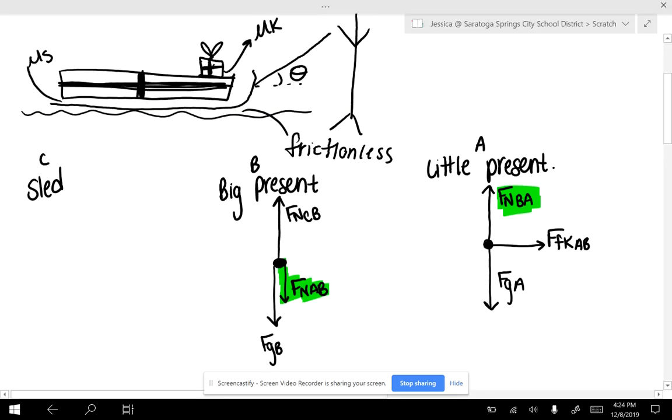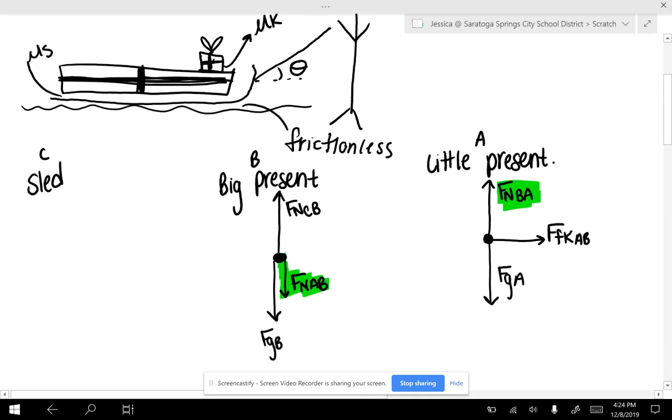Now we have horizontal forces. Similar reasoning applies as for the direction of the force of friction of A on B. The force of static friction between B and C, which is keeping the present at rest, is going to point to the right. If the present is going to slide, it'll appear to slide left, which means static friction has to act right.